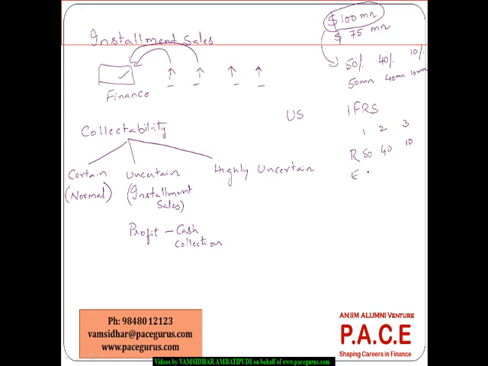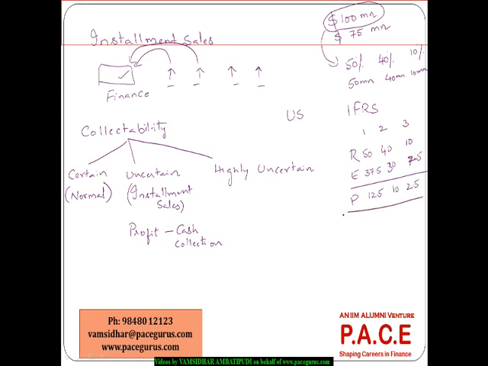Expenses also, I'll take in that proportion only. So 37.5 million in the first, 30 million in the second and 7.5 million in the third, resulting in profits recognized to the extent of cash that is typically collected.